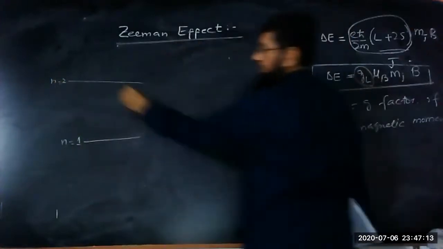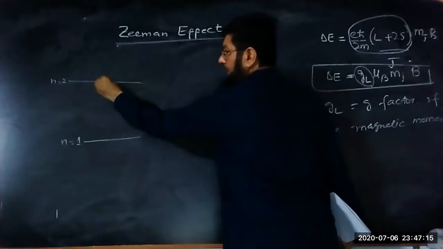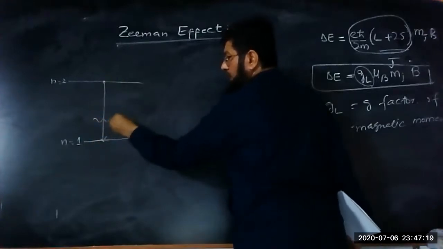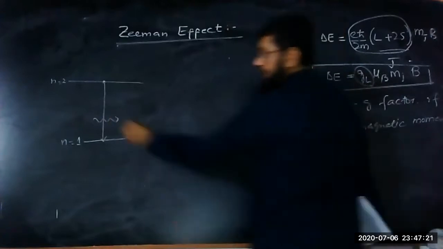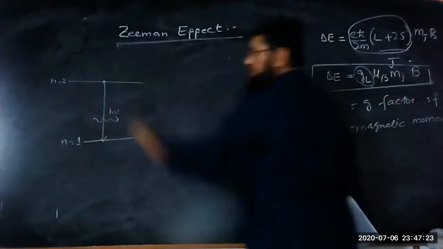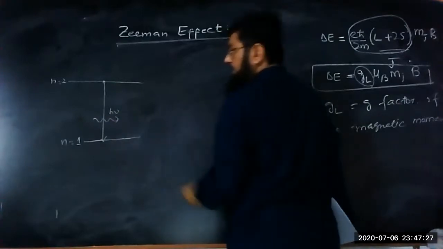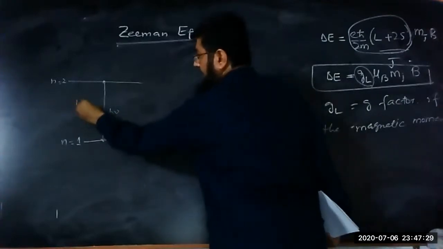So the electron de-excites from the higher level to the lower level and can emit a photon whose energy is h nu.